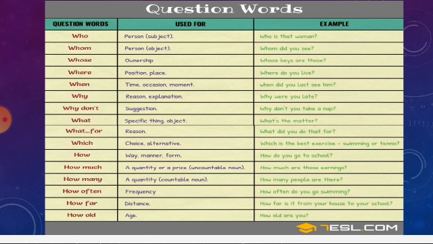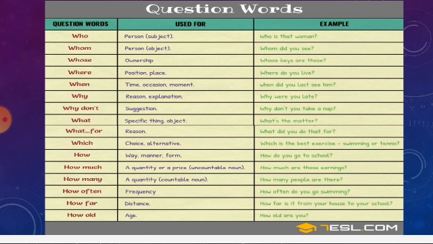Where is asking at what place or position is a thing or a person. It is asking about the position or about the place. For example, where do you live? Where are you going? Okay, it is asking about a place.